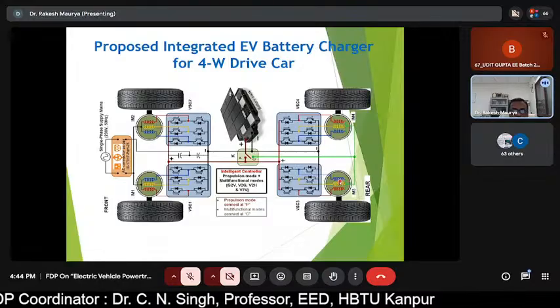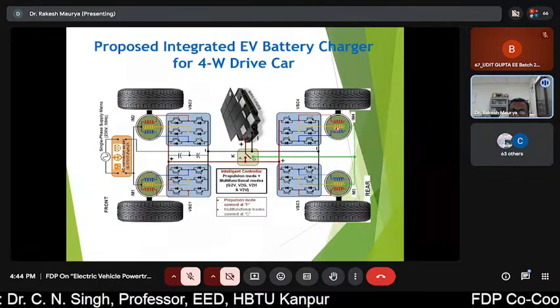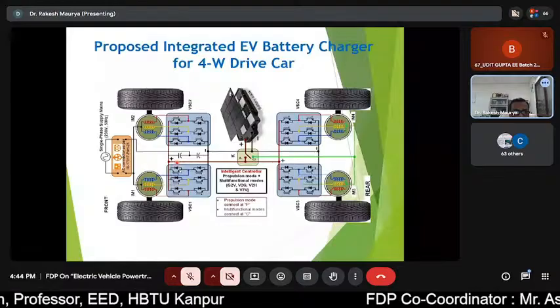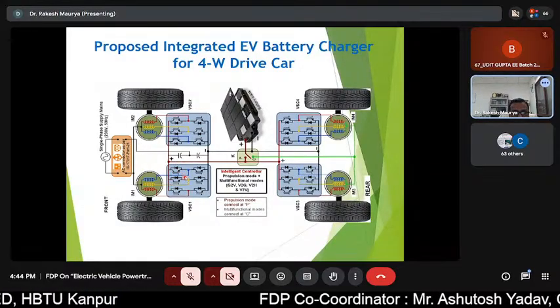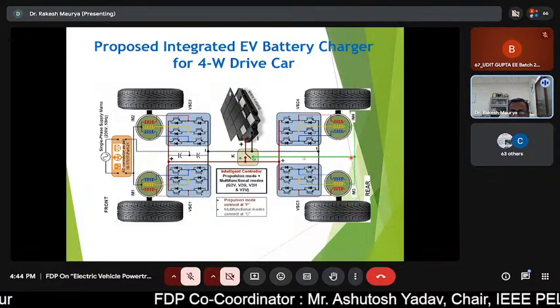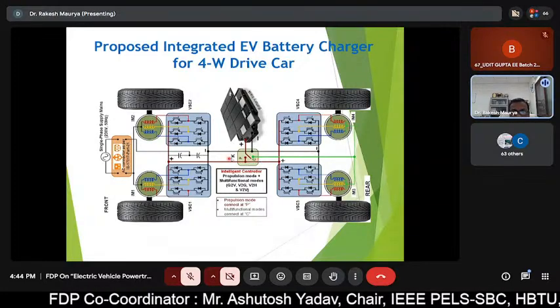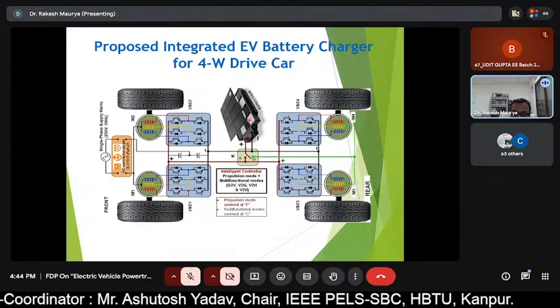These four motors are connected to each wheel through their respective three-phase voltage source inverter, and the DC link of these four is common, and they are connected to the battery bank.